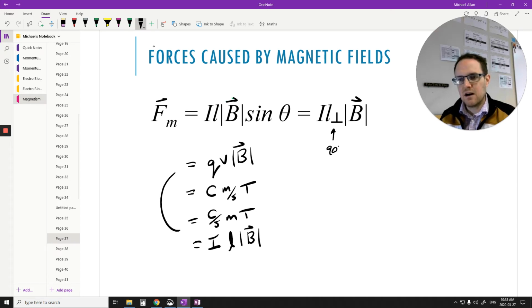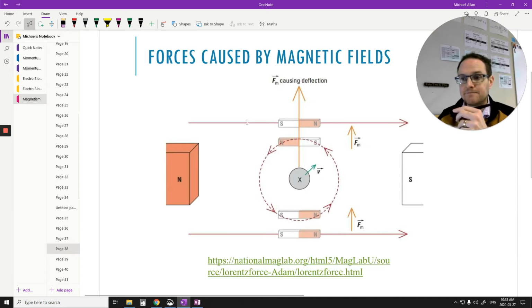So these are the same formula. We just use them in different situations. We use the bottom one when we talk about wires. We use the top one when we talk about just single charges moving through space. But they are essentially the same formula. They have the exact same units, just jumbled up a little bit. That's just useful to know.